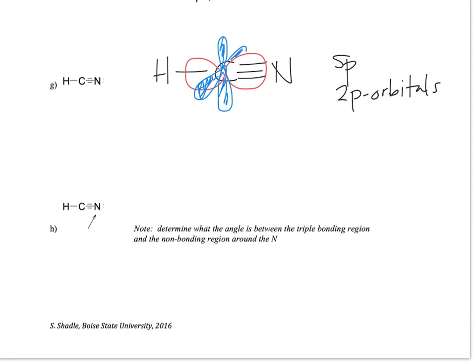Carbon has 4 electrons. Where are they? Well, there's one in that sp. There's one over here in this sp. There's one in this p orbital and one in that p orbital. So notice that in this structure, carbon needs to form 4 bonds, which means it needs 4 orbitals that are half filled with electrons.